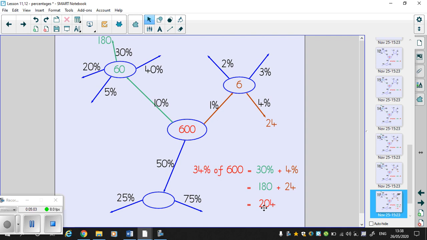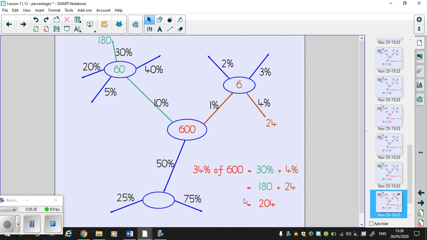Yes, 204 is less than 300. It sounds about right. Another known fact you might want to pick up along the way is that 33% is roughly a third. And a third of 600 is 600 divided by 3, which is 200. And obviously 204 is very close.